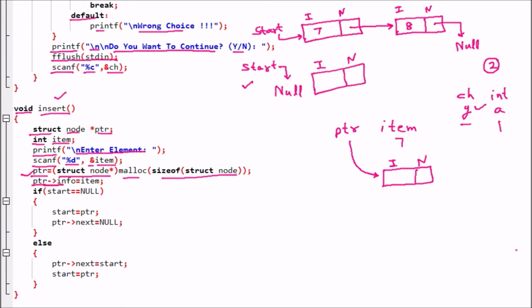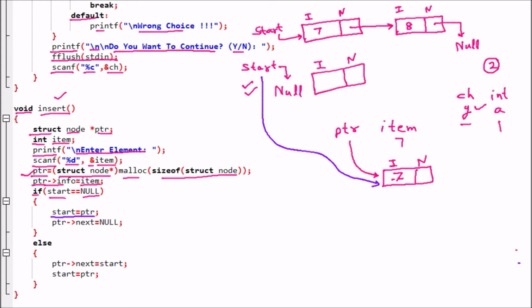Ptr info is equal to item. So at the info part of ptr, meaning this one, we are putting the item which is 7. So 7 is placed here. If start equal to null, obviously the start is equal to null right now. So here start is equal to ptr. Now this start is with the ptr, meaning there is a new value of this start.